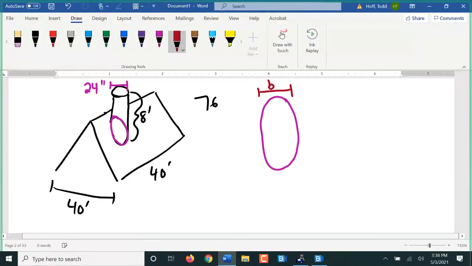What's dimension B have to be? It is 24. You got it. The other dimension I want is this one here, dimension A. Dimension A can be found one of two ways. The easiest way is to use a slope correction factor.